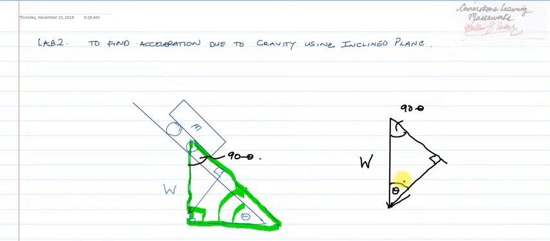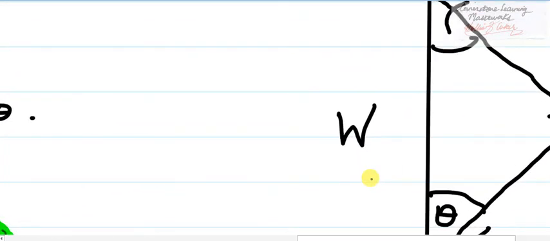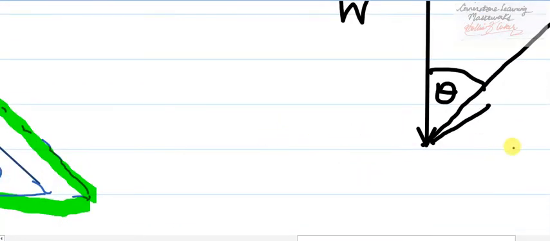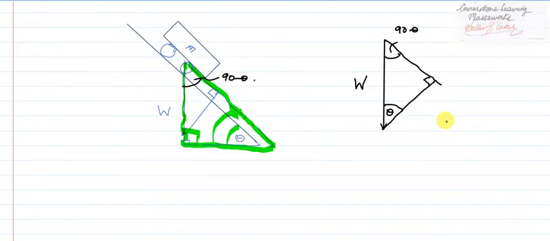And I'm resolving the weight into two components. The one opposite will be weight sine theta, and this one will be weight cos theta.